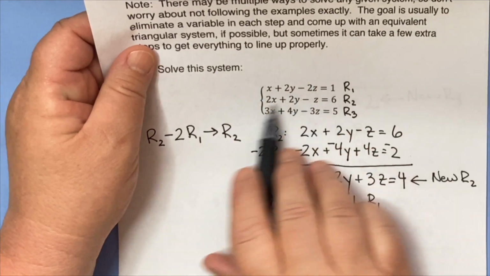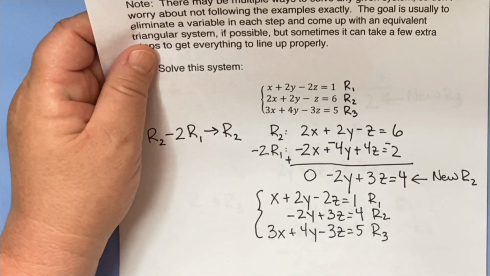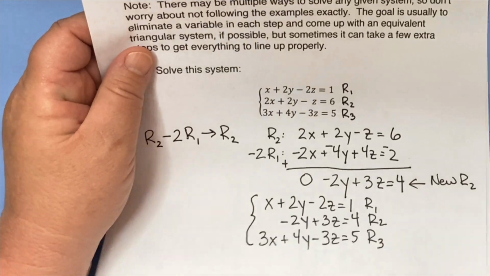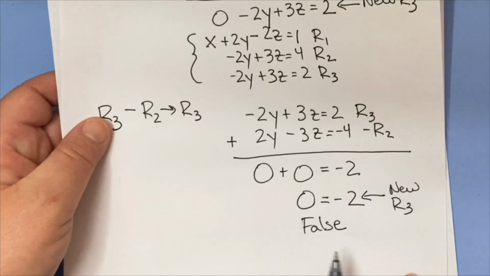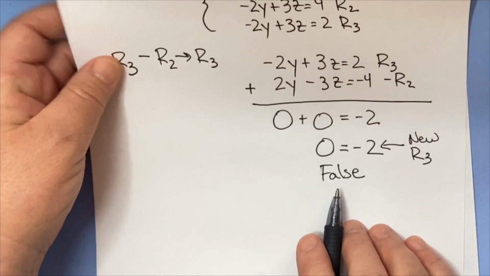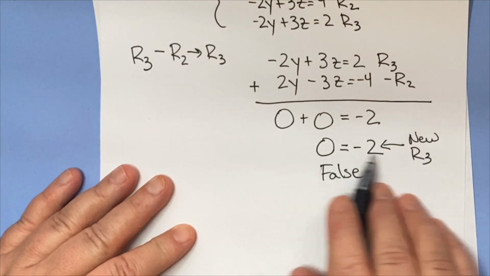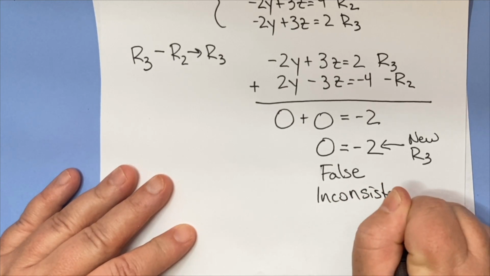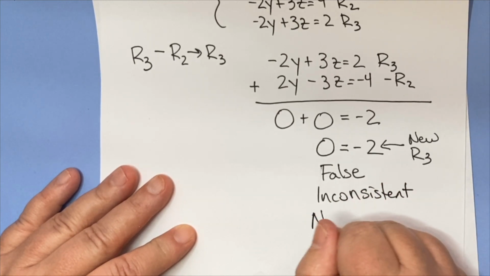So all 3 of these equations don't have a single solution that works for all of them. So as soon as we get to a false statement like this, we stop. We say this is false, it's inconsistent. There's no solution.